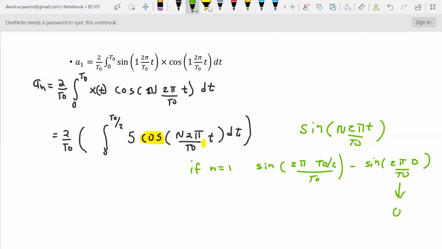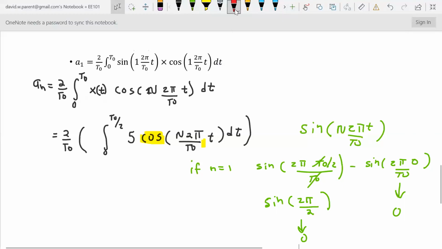And this is always 0. The t naughts cancel. I get sine 2 pi divided by 2, which is the half cycle of a sine wave. And that's always 0. Now, let me bring back the n that I had ignored.